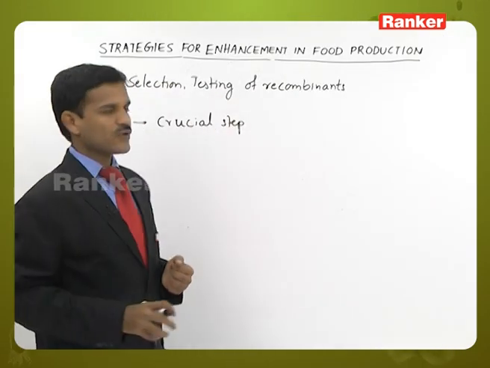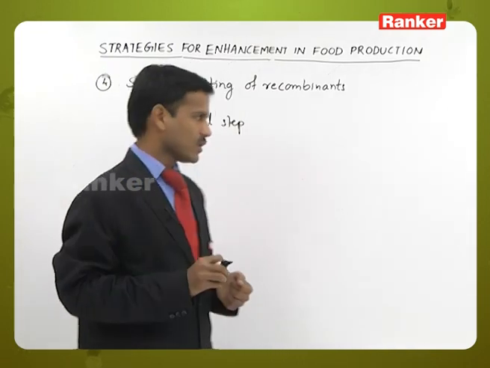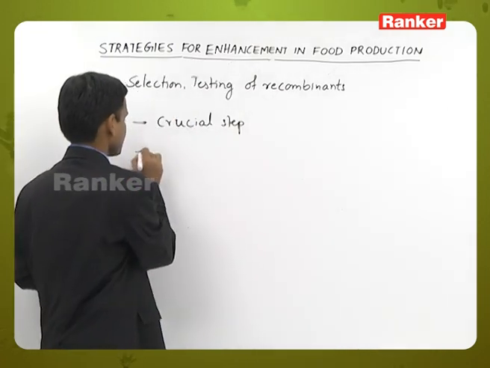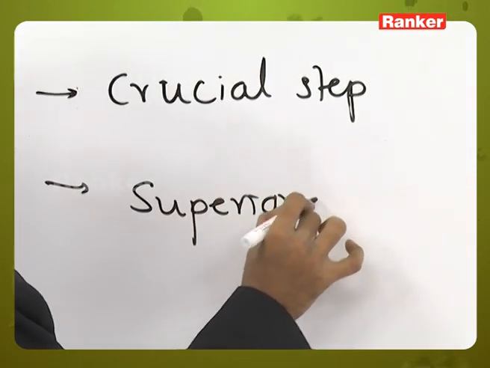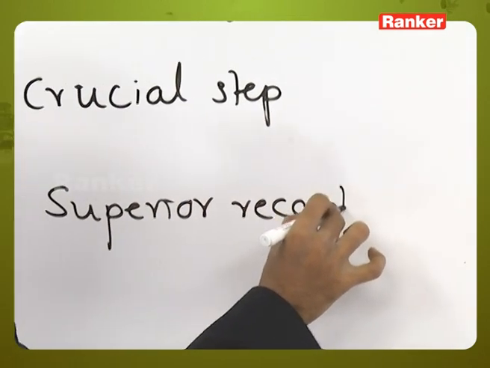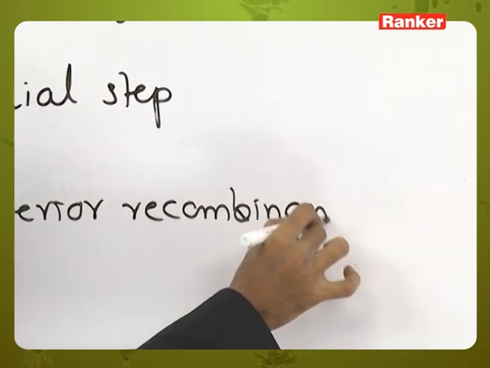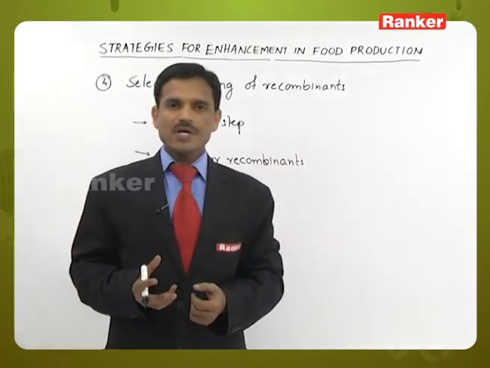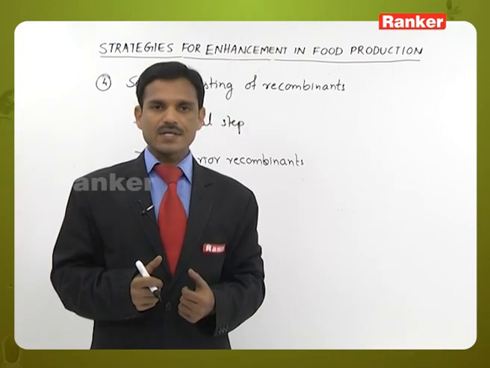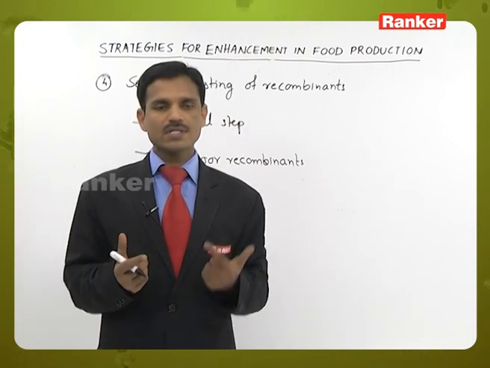Selection and testing of superior recombinants. Superior recombinants are the plants which have the two qualities. The recombinants have both qualities, while the parents do not.